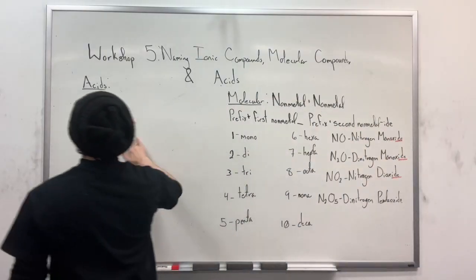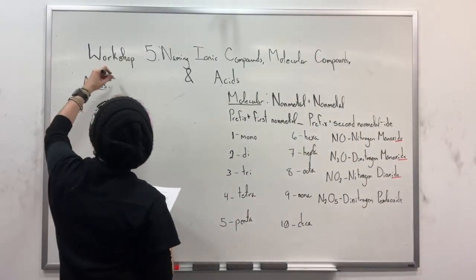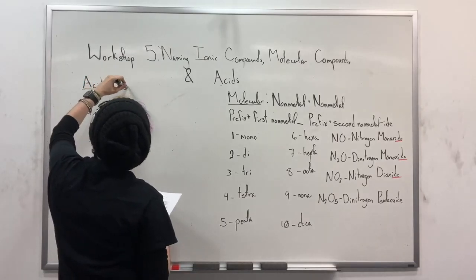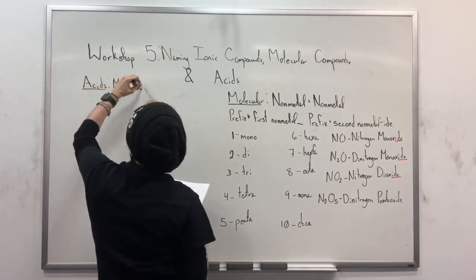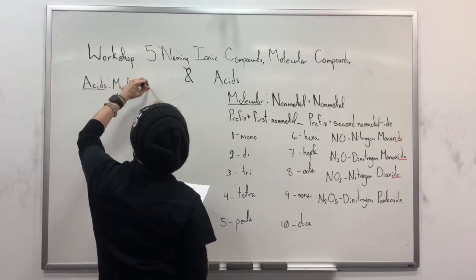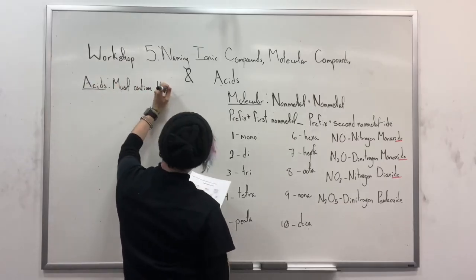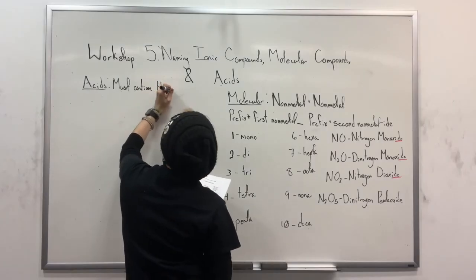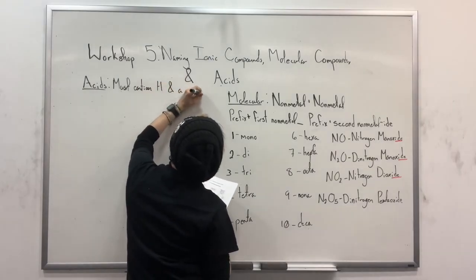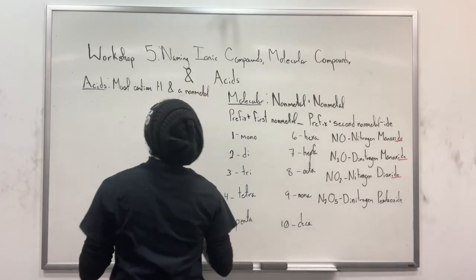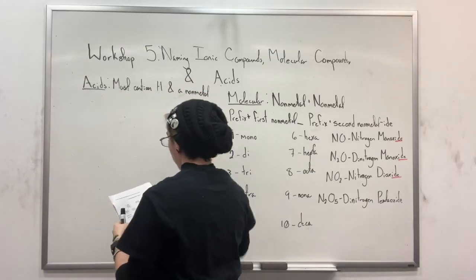We're still not really going to be working with metals when looking at acids, but the main thing is that it must contain a hydrogen, minimum one hydrogen. It could have more than one, but at least one hydrogen and a non-metal. Similar to a molecular, non-metal and non-metal, but now it's a hydrogen and a non-metal.